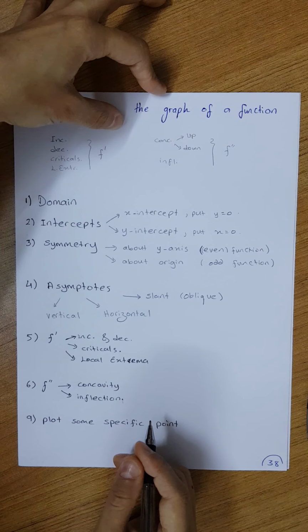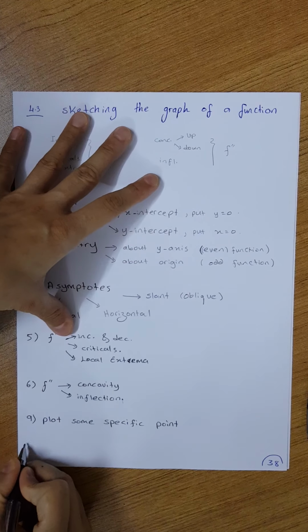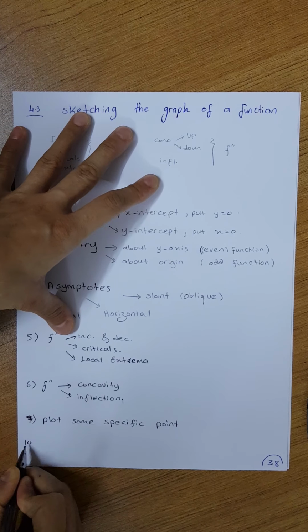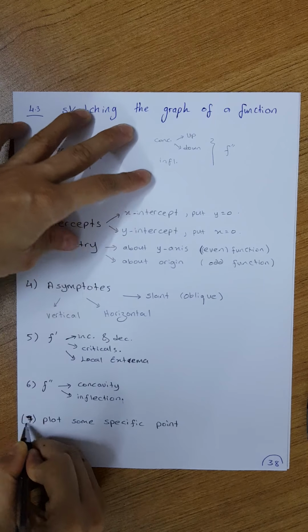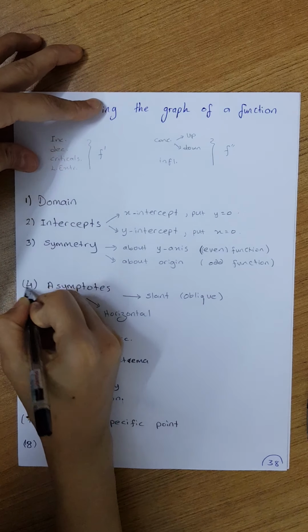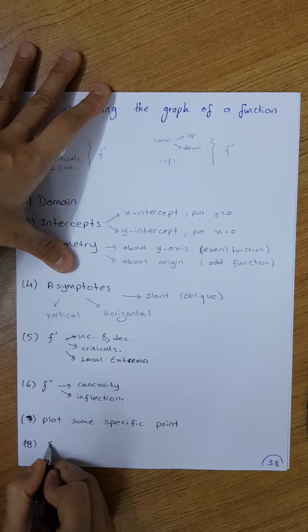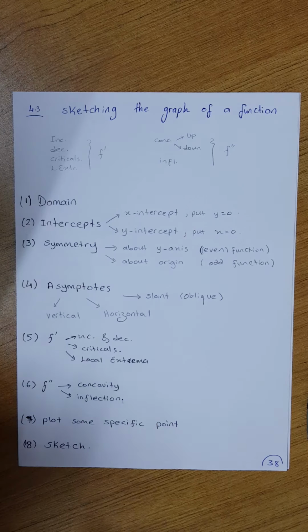And of course, when we are doing all those procedures, that's 6, 7, and that is number 8. The 8th procedure is that we are sketching the graph of the function, of course on the Cartesian coordinate.